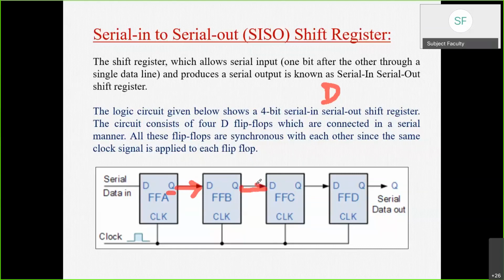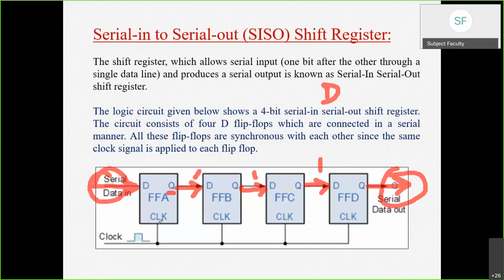Output of the second is given as the input to the third D flip-flop, and the output of the third D flip-flop is given as the input to the fourth D flip-flop. This terminal, the input to flip-flop A, is the data input, whereas the output of flip-flop D is your shift register output. So this is shift register input and this is shift register output. All three of these are internal connections.